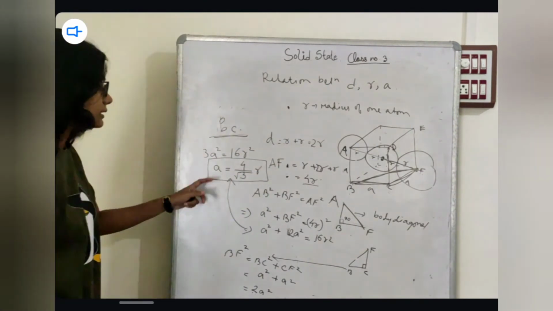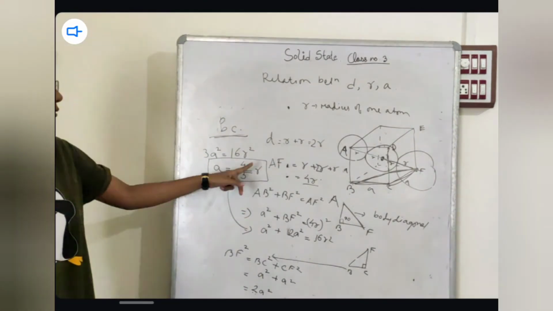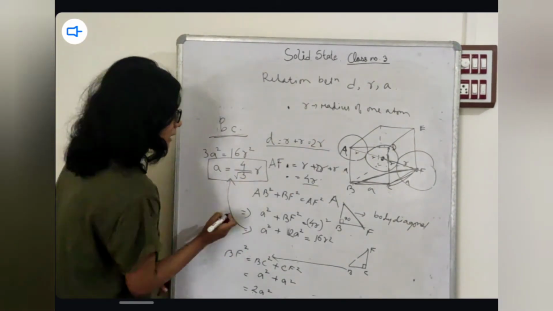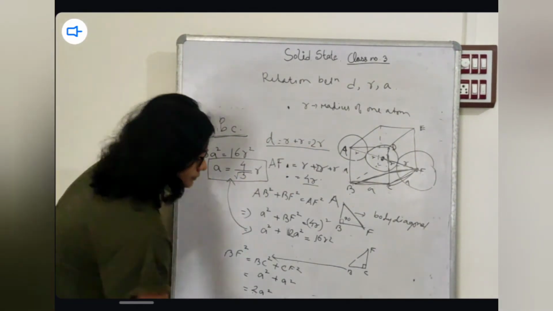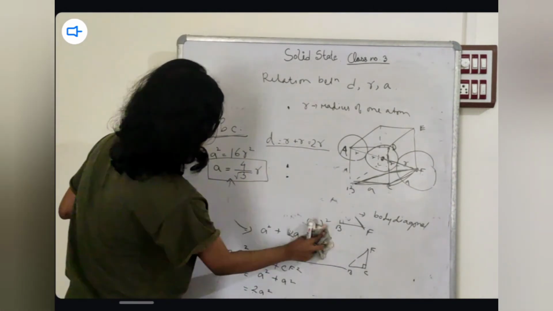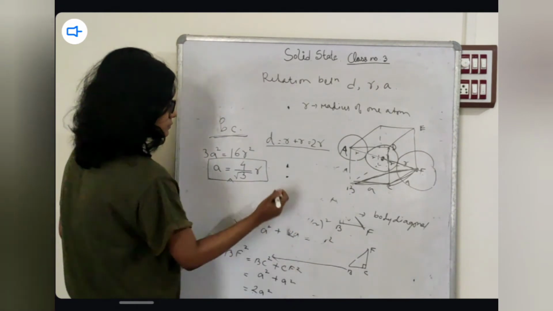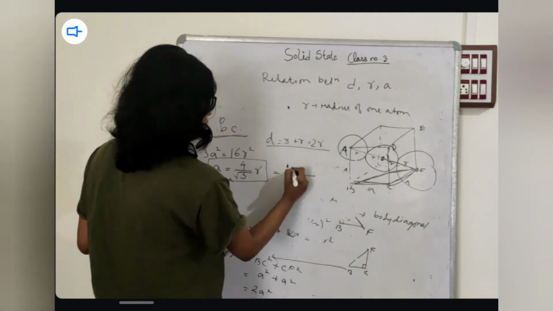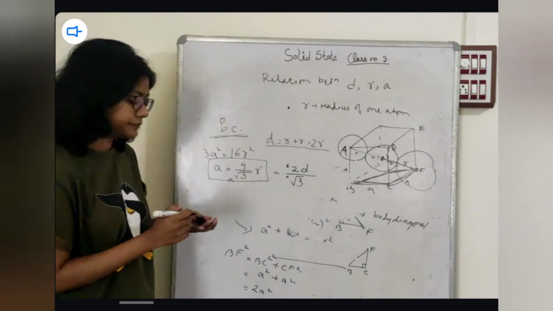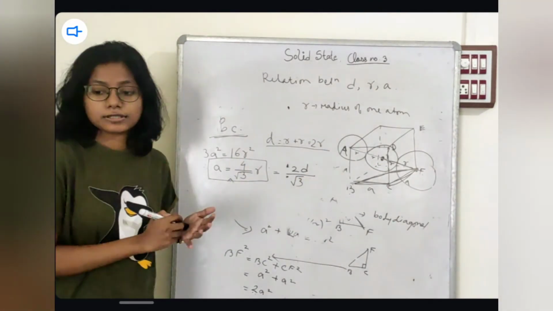So A is equal to 4 by root 3 R, and D is equal to twice R. So this is the relationship.